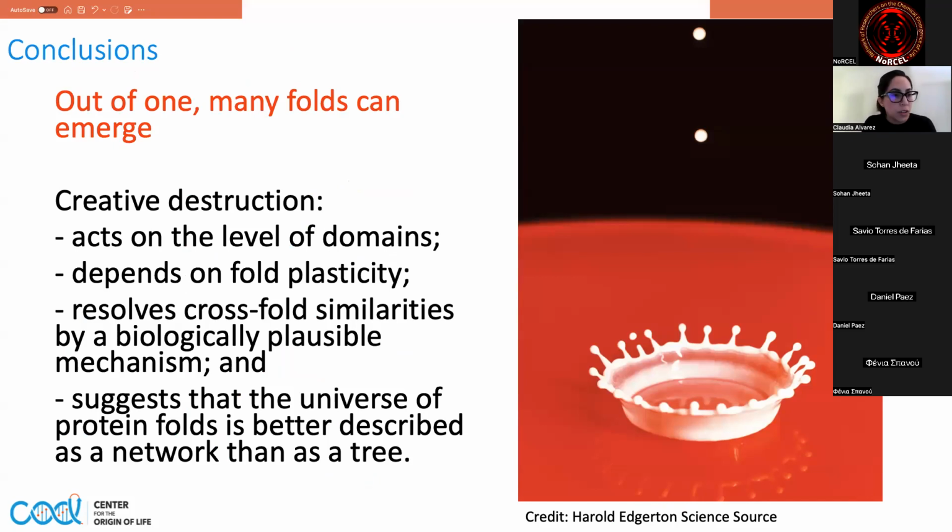So creative destruction acts on the level of domain, depends on fold plasticity, which is this ability of structures to form new hydrogen bonds, and resolves these similarities between disparate protein structures in a mechanism that is biologically plausible. And what it suggests, and it's in agreement with what has been observed, is that the universe of protein structures is more like a network than a simple tree.